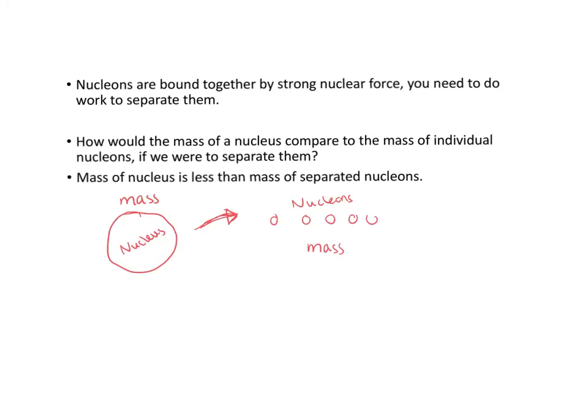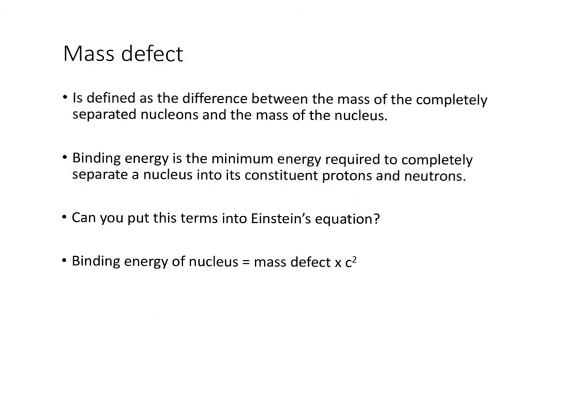So, since we need to provide energy to break it apart, that means that that extra energy is given to the nucleons individually once they're separated from the nucleus. And we're going to see this applied to some different situations as well, and the graph of why this actually happens. So before we get to that point, you need to learn a few key terms.